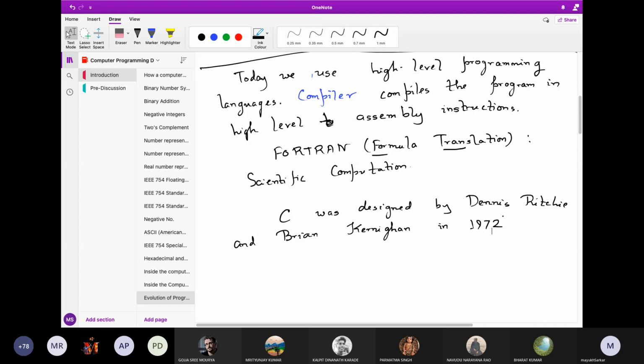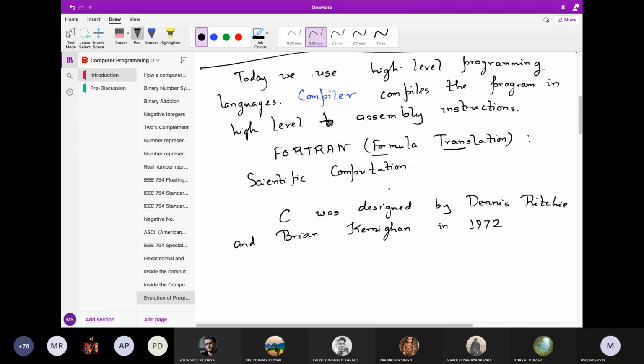They used an instruction called goto. I'll tell you everything in detail: what is the disadvantage of goto, and what is a structured programming language. When you start C, I'll discuss this in detail. C was the first structured high-level programming language that simply changed the era of programming. And after that, this is where we are.